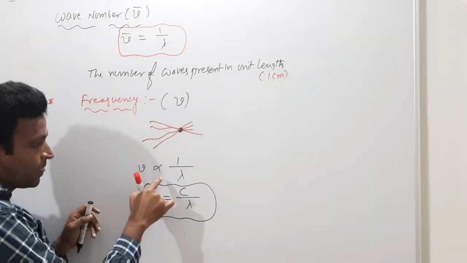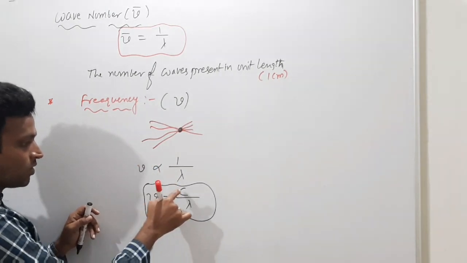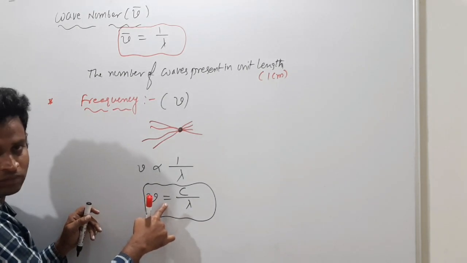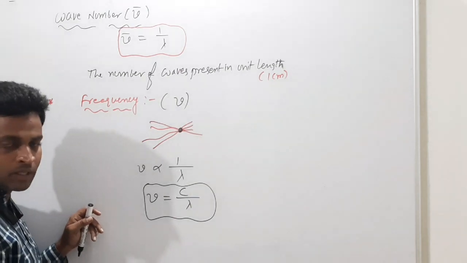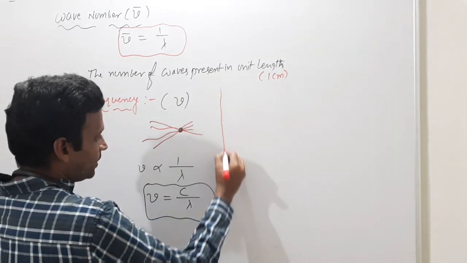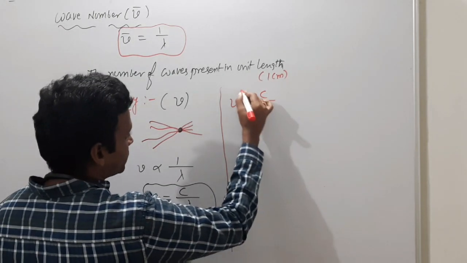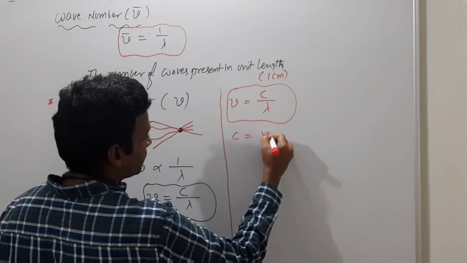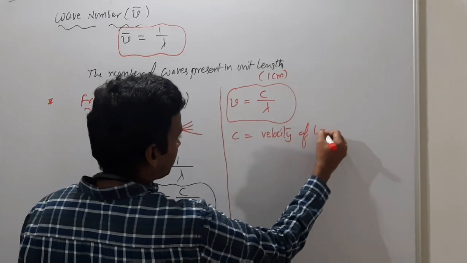When the proportionality symbol is used, we have to take some constant to make it equal. So finally you have one formula: nu is equal to c by lambda. What is c? You all know, that is the velocity or speed of light.